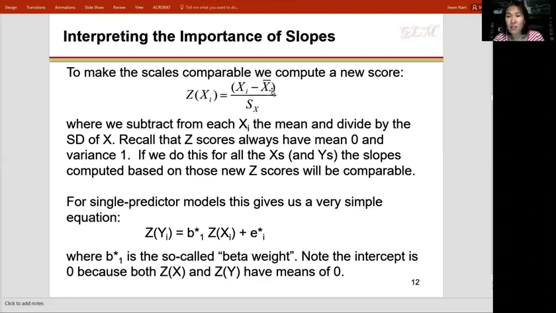In order to standardize x, which gives a z-score, you use subtraction, xi minus x bar, and the denominator is the standard deviation of x. So these scores always have mean zero and variance 1.